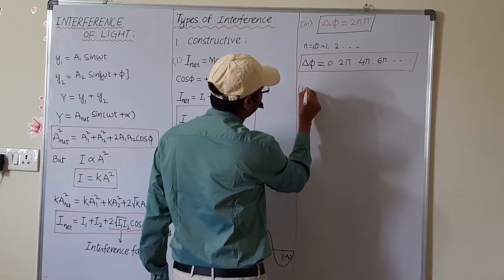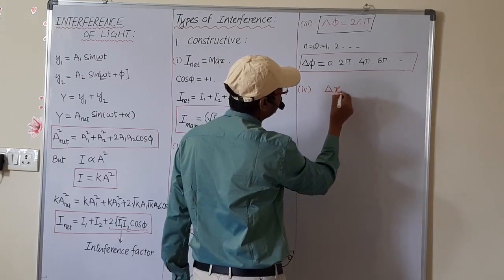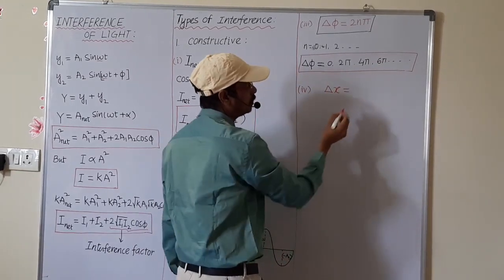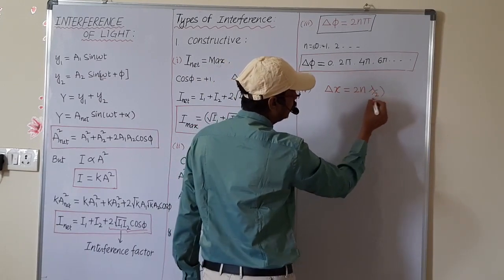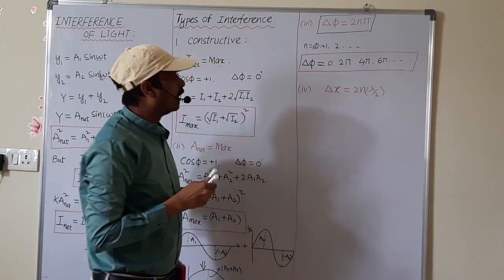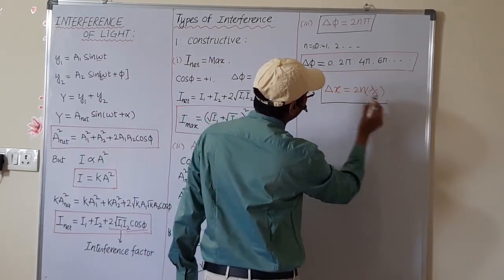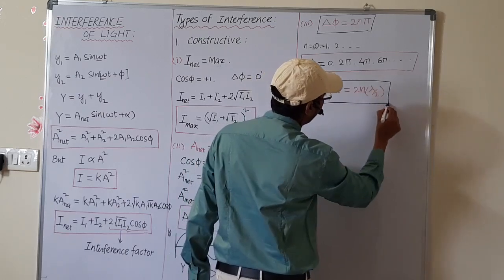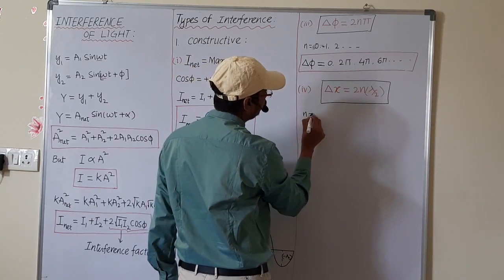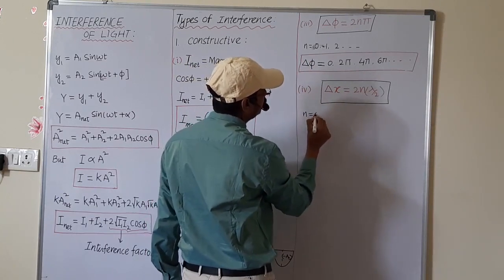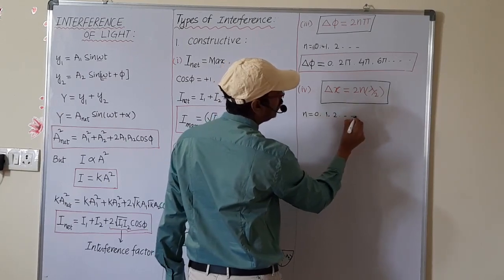The fourth one we can discuss is according to path difference. Path difference is delta x. Delta x is equals to even multiple of lambda by 2. The constructive interference according to path difference is an even multiple of lambda by 2. Here n is equals to 0, 1, 2 and so on.